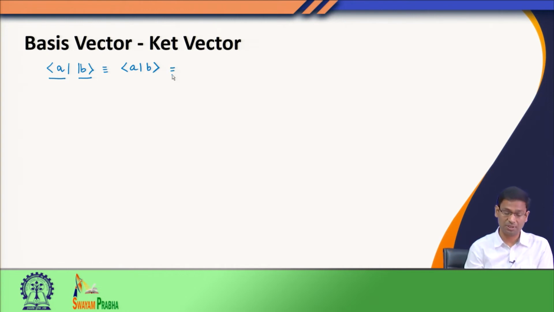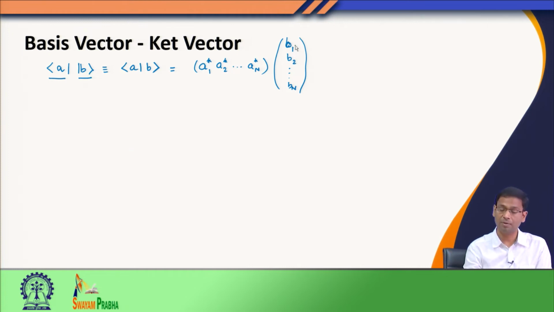When I do this, you see the bra side would be a row vector with complex conjugate quantities, and the ket is a column vector. Now it is B1, B2, Bn. So, in the previous slide I defined the ket vector in terms of A. Now, I am defining this ket vector B whose elements are B1, B2, Bn, but it is still a column vector. Now, what I see is that I can multiply this.